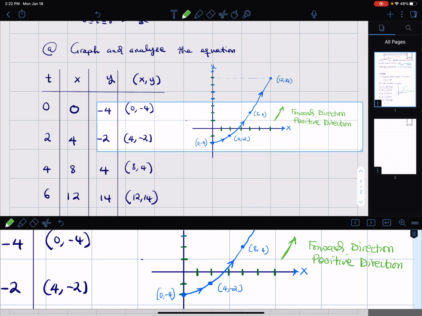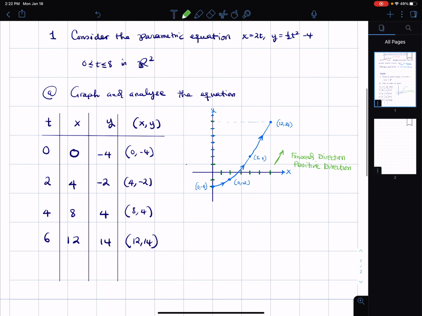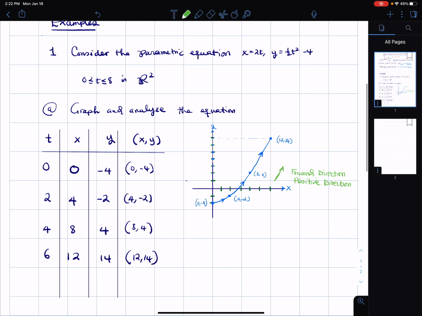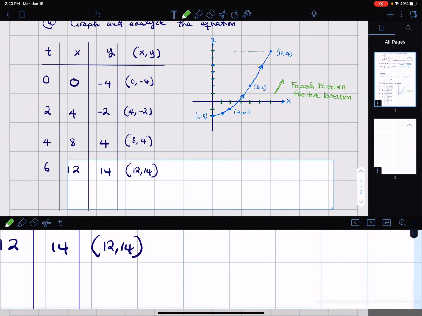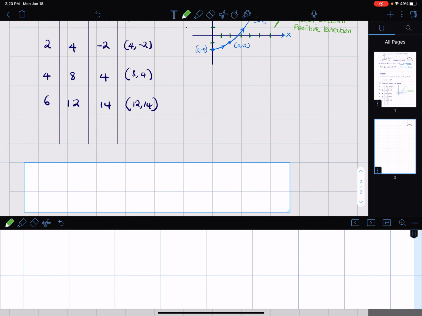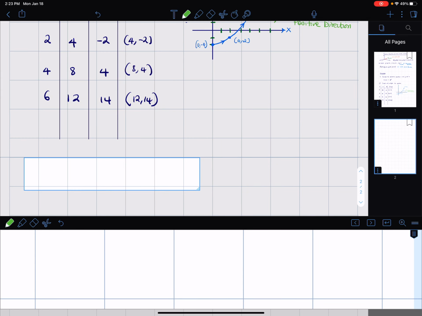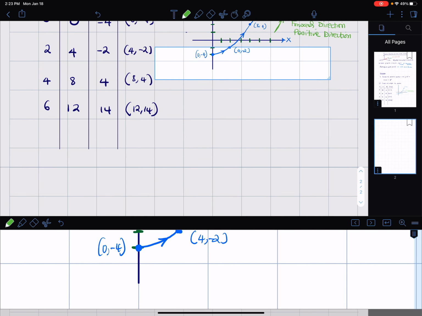Okay. Now, this is our graph of the parametric equation. So that's how you graph a parametric equation in R2, R3, it doesn't matter. You just pick values for t and then find the corresponding values of x and y, or x, y, and z, and then plot them.